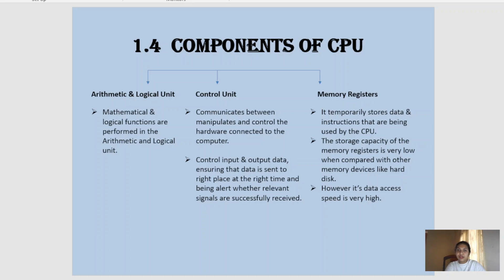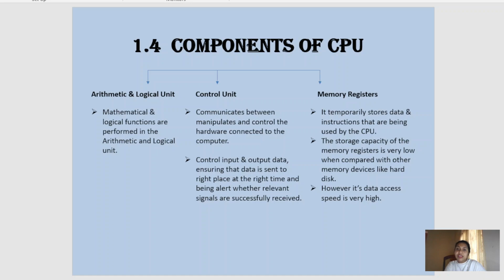Then what about the control unit? The control unit communicates with the hardware connected to the computer, and also controls the input and output data, ensuring the data is sent to the right place at the right time and that the relevant signals are successfully received.